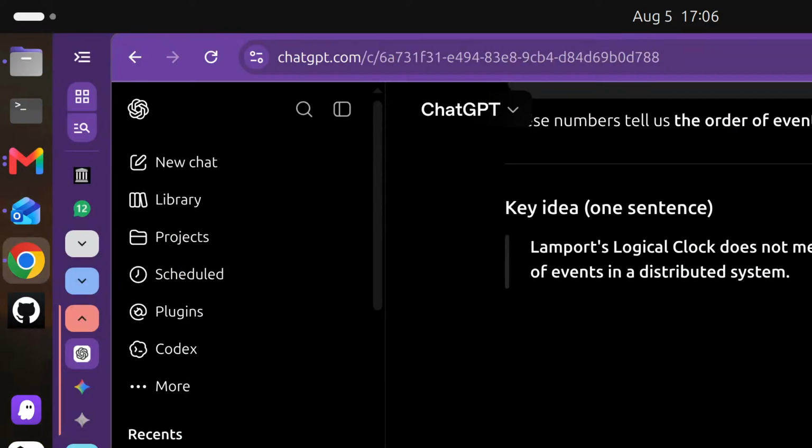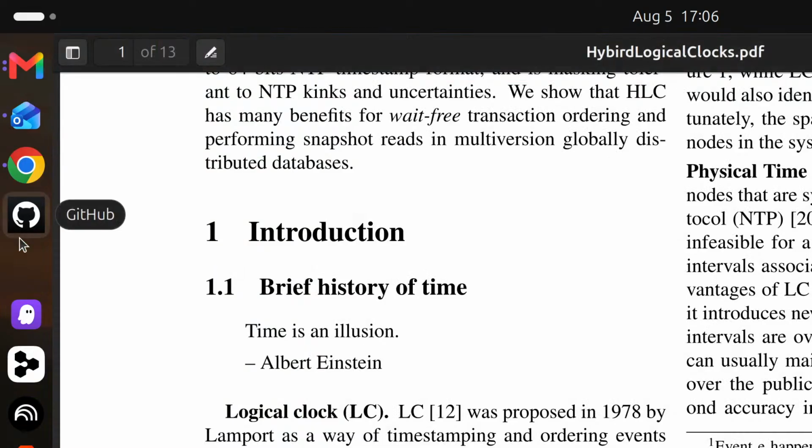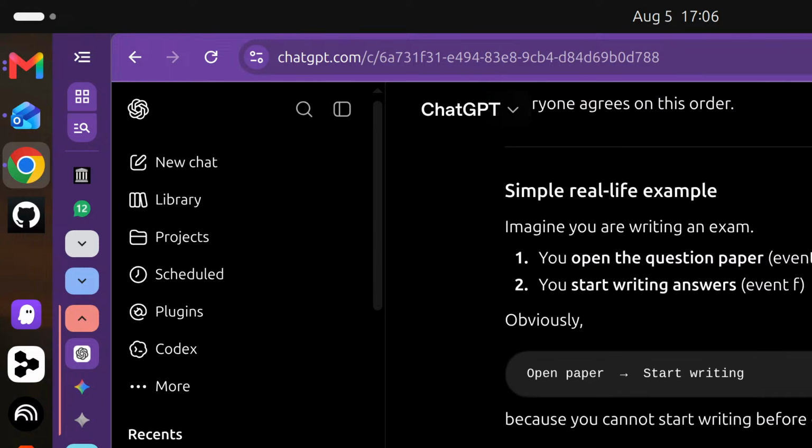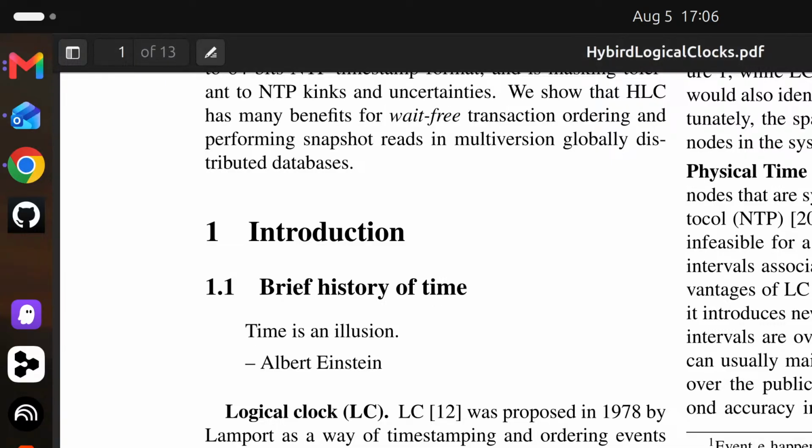This is the same, but we will read it in a simpler way. Okay, like this, and we have this, and whatever. What is this? Physical.